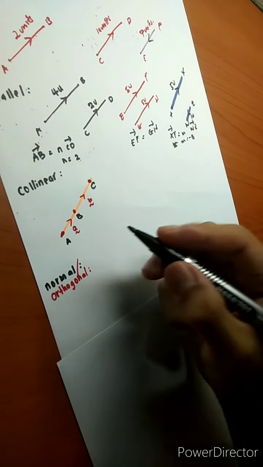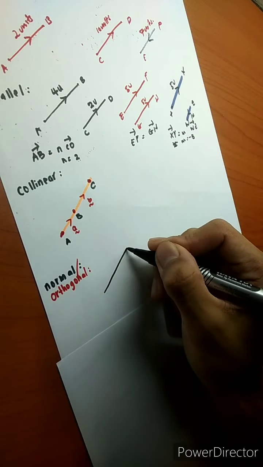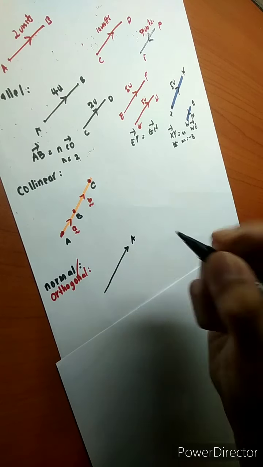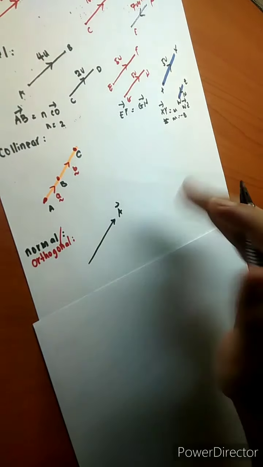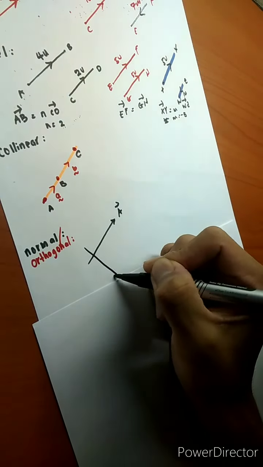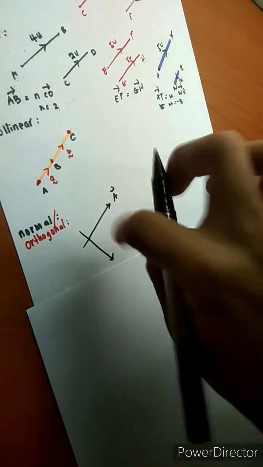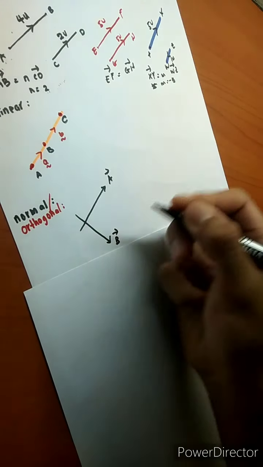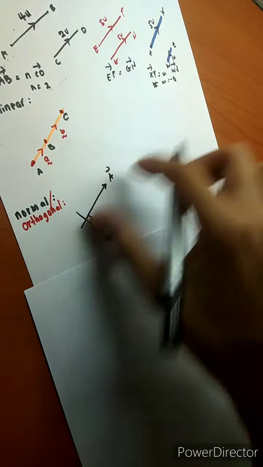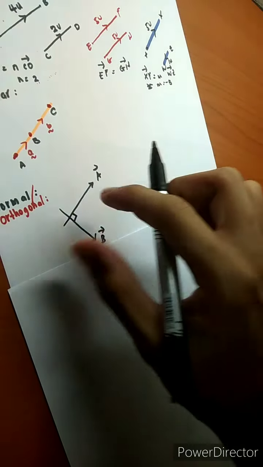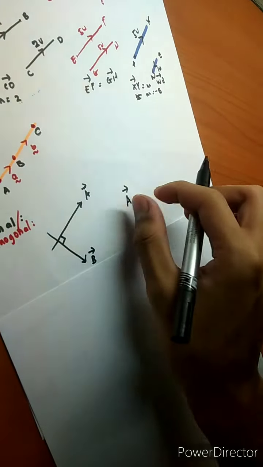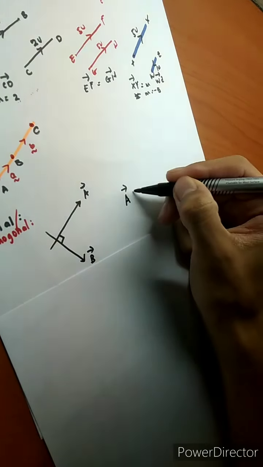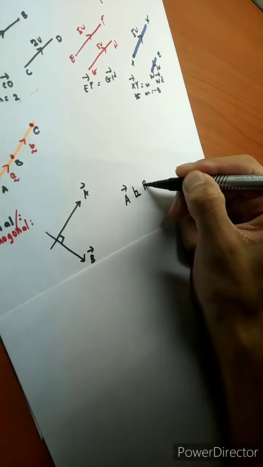Orthogonal is when two vectors, so this is vector A, and for example vector B is heading towards there. This must be 90 degrees. They must form a 90 degree angle to be orthogonal. So we can say vector A, and we can represent a vector like this also, later I will explain, is orthogonal to vector B.